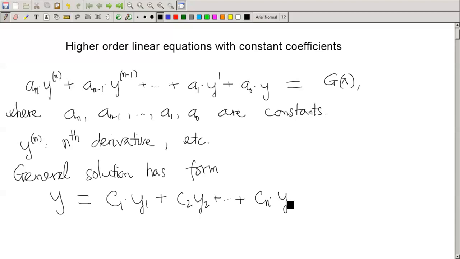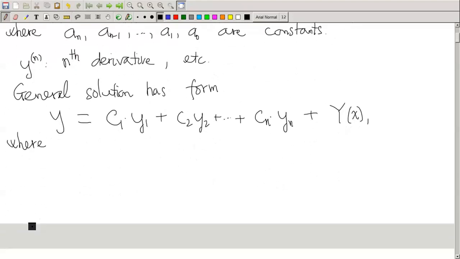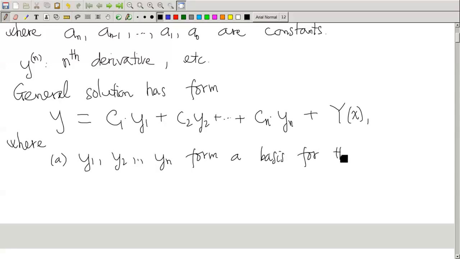So cn times yn plus capital Y(x) as before, where the y1, y2, etc., yn form a basis for the space of solutions to the corresponding homogeneous equation.